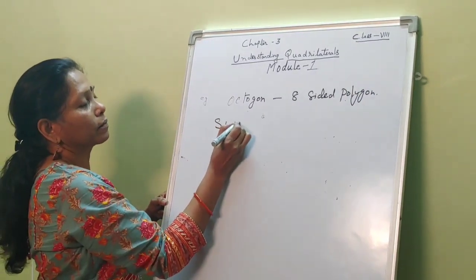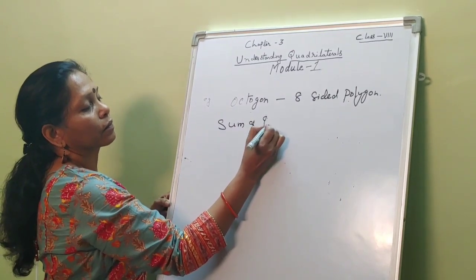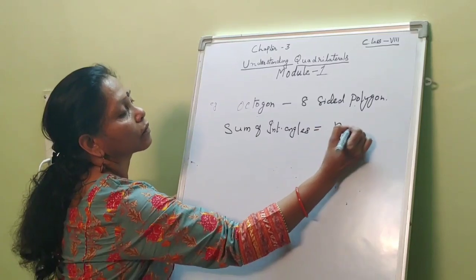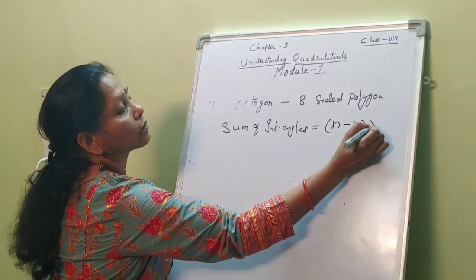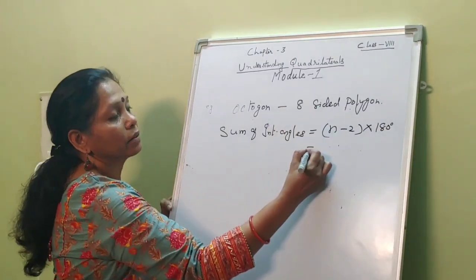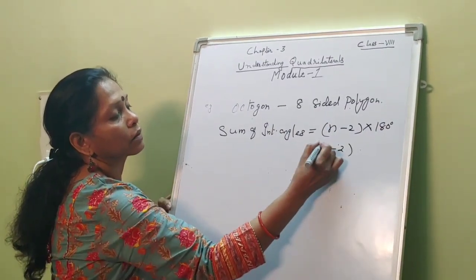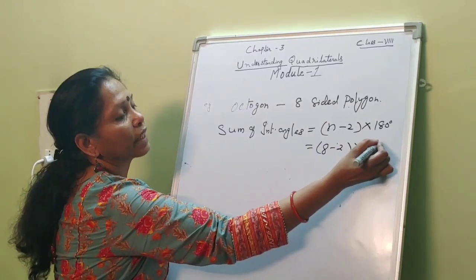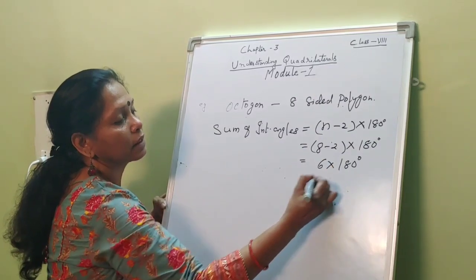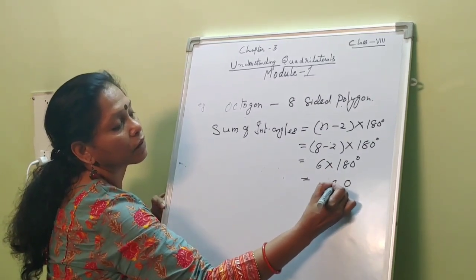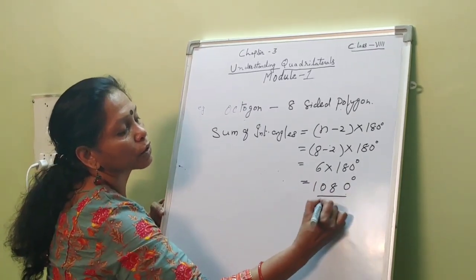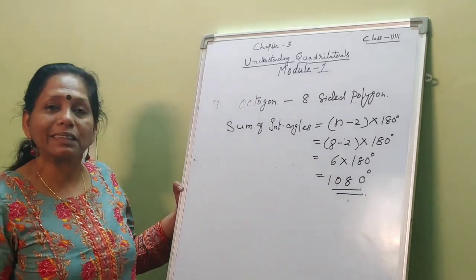The sum will be, here n is 8. So 8 minus 2 into 180 degrees, that is 6 into 180 degrees. So the sum comes out to be 1080 degrees.